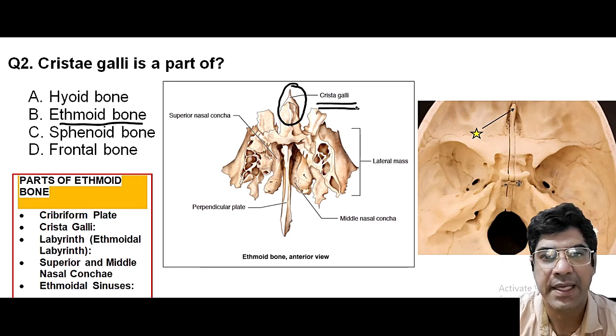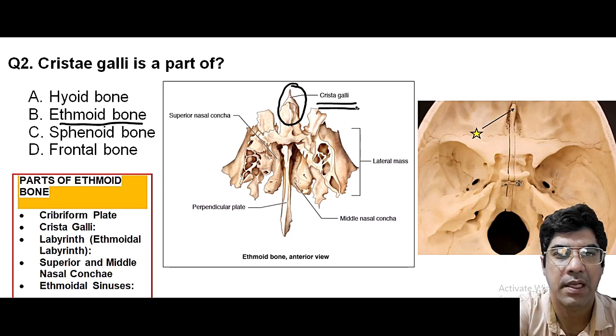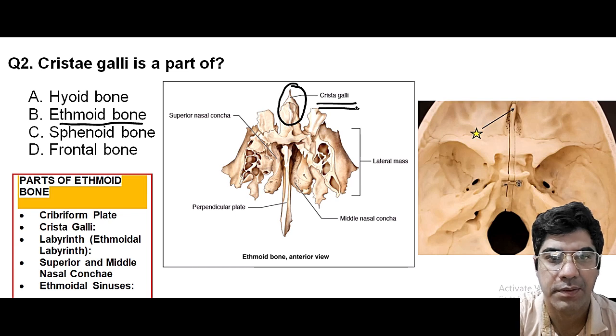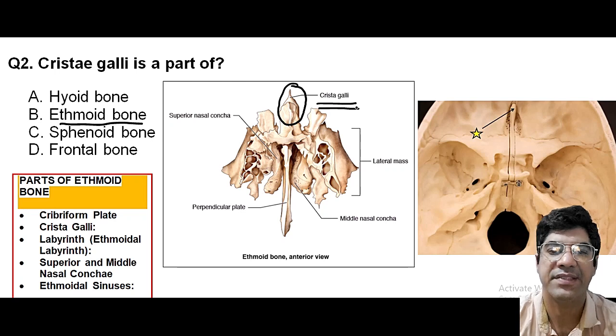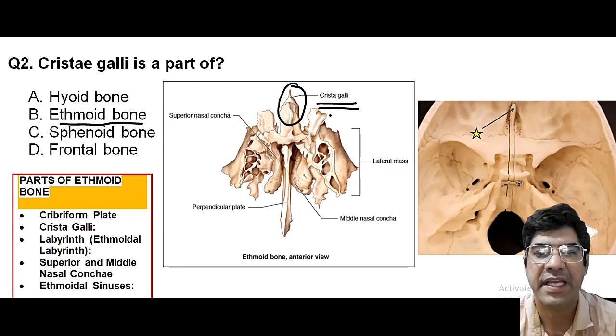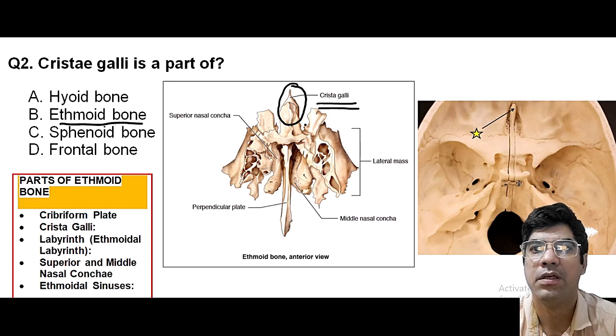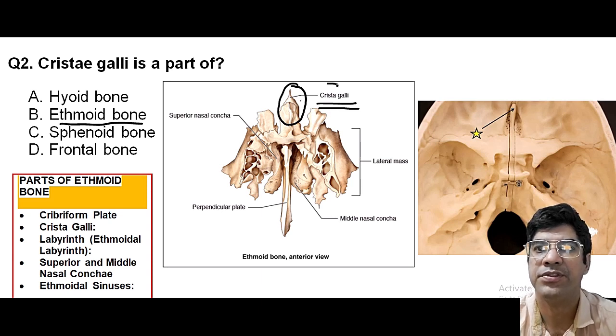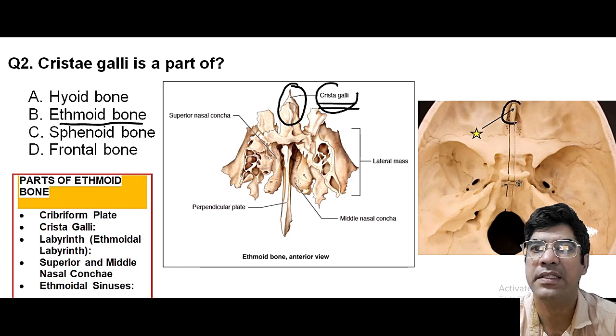It is a delicate, sponge-like bone located in the skull. So think of this as a bone spike sticking up from the cribriform plate. Similarly, here on the skull, this part represents the crista galli.